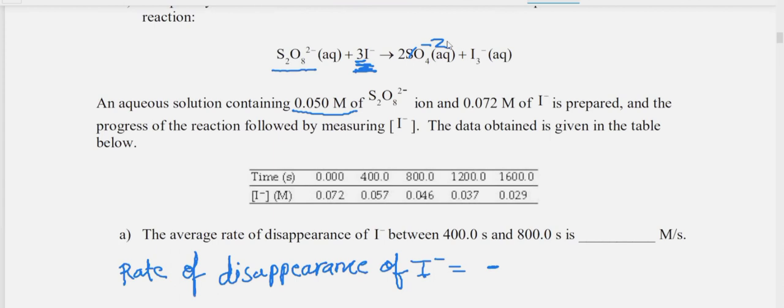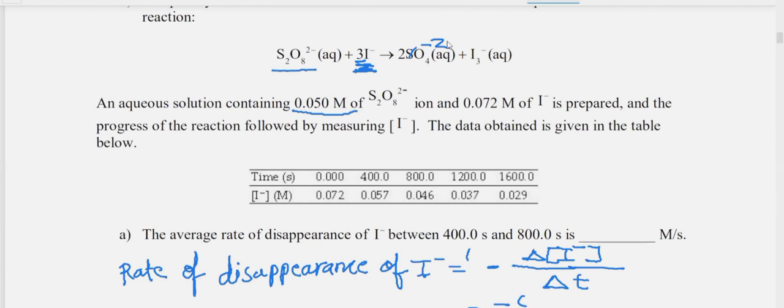So for calculating the rate of reaction, I can write 1 by 3 into the rate of disappearance of I minus. But here we are not calculating the rate of reaction, so I can write minus the change in the concentration of iodide ion divided by delta T. So this is equal to minus final concentration of I minus.